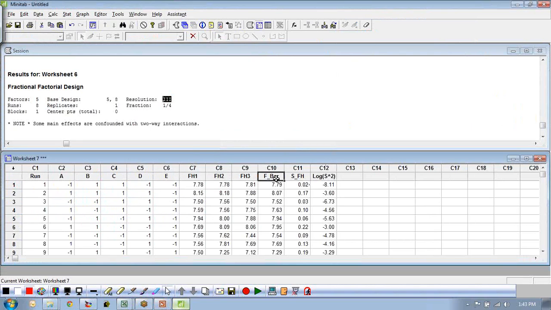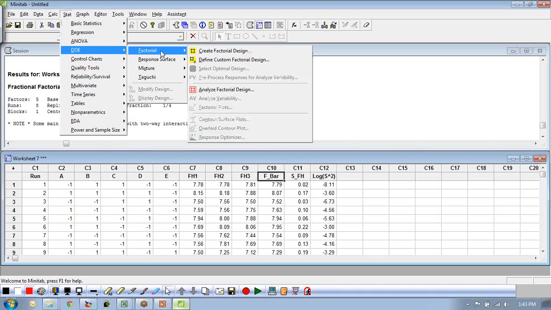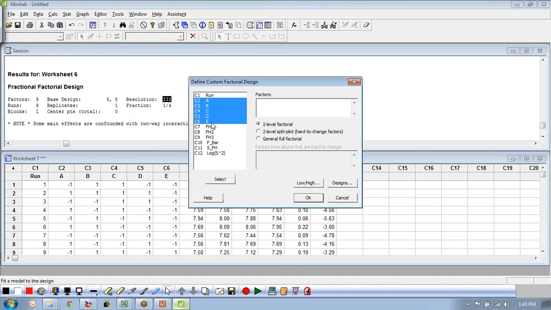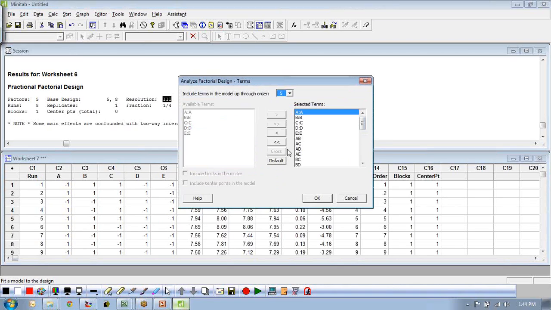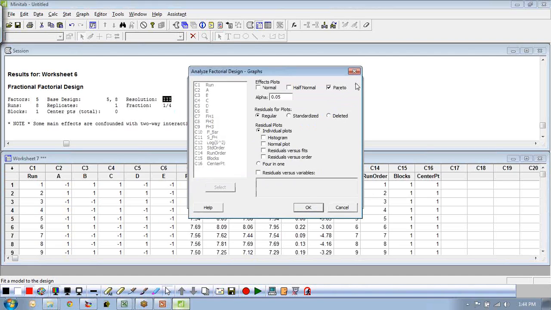Okay, in this case we want to do F bar. Let's just go ahead and analyze that. Five factors, low, high. Here's my F bar. I'll keep them all. Graphs, Pareto, 0.1.